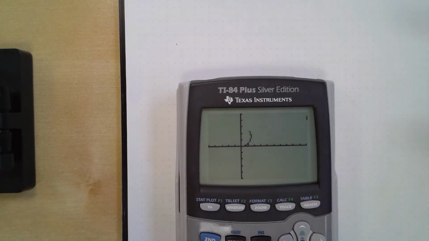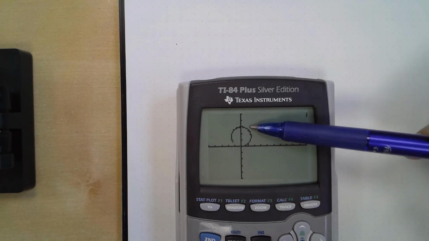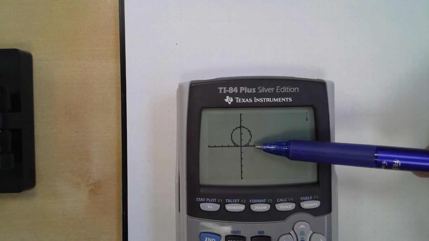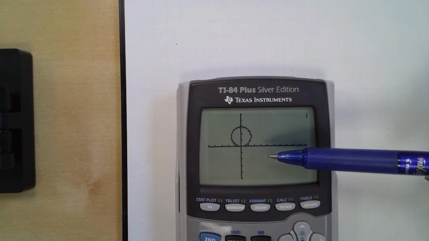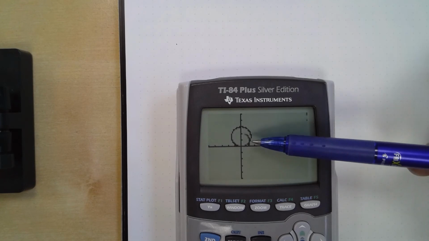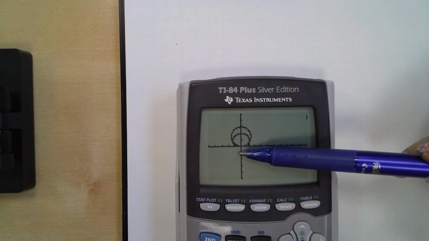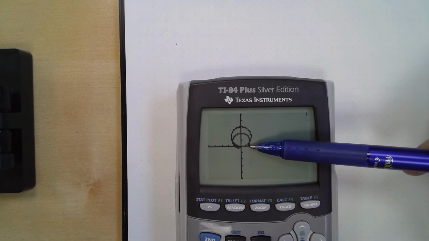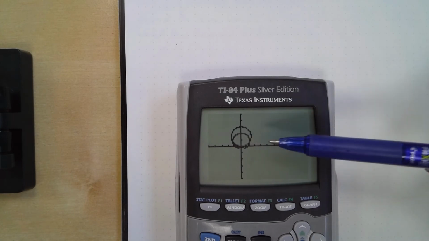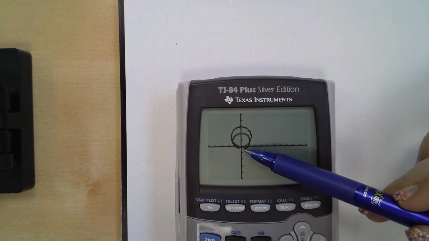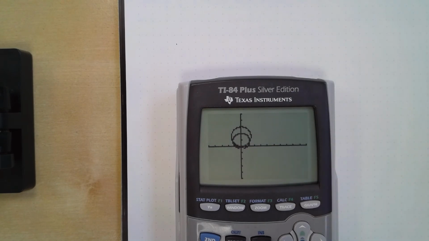And I can see, so there's my 3 sine theta, that's my circle. And then my 1 plus sine theta is right there. Actually a cardioid there, it kind of butts in. You can't see very well in my calculator.